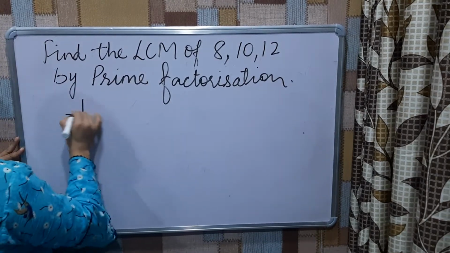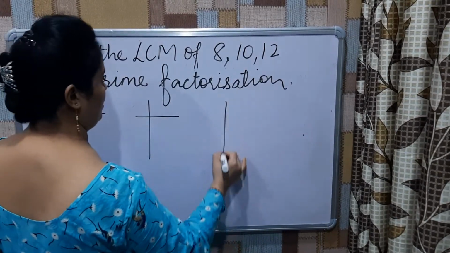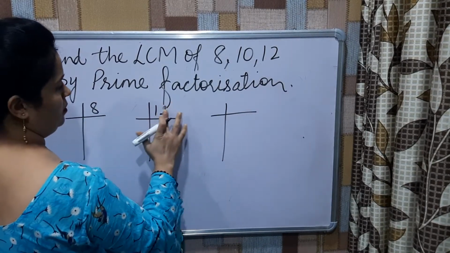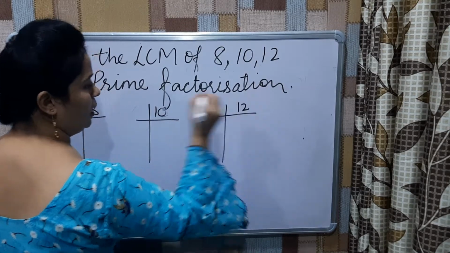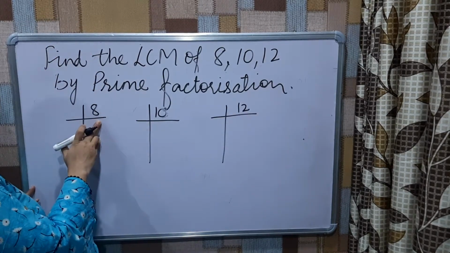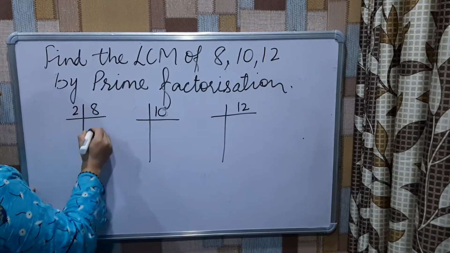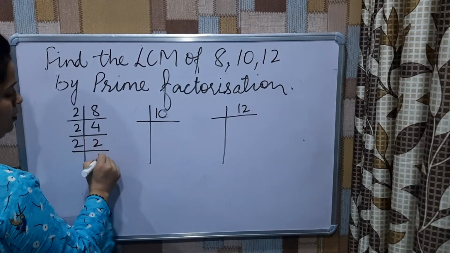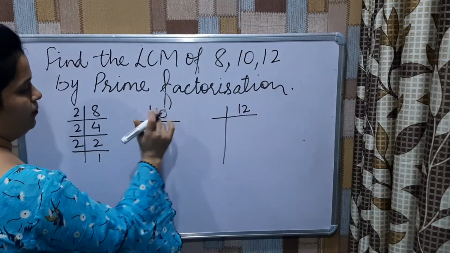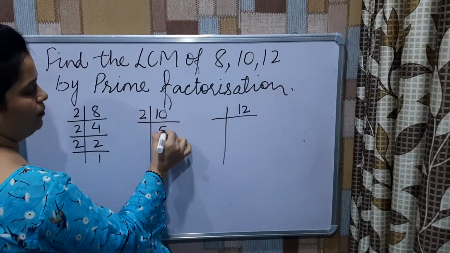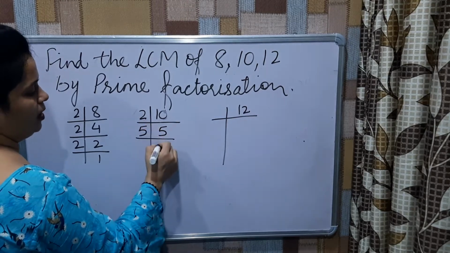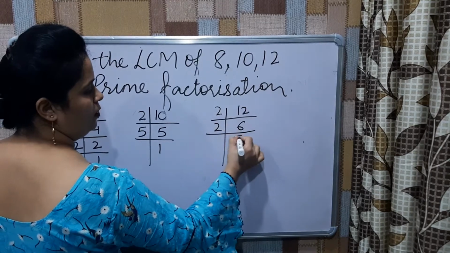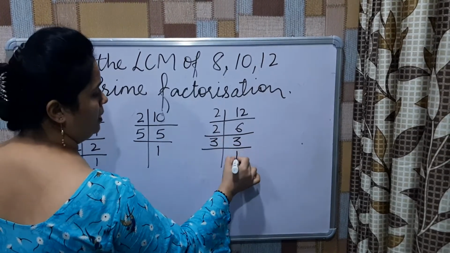I have to find the prime factors of 8, 10 and 12. Because 8 is an even number, I'll start with 2. 2 4s are 8, 2 2s are 4 and 2 1s are 2. Then I have 10, an even number, 2 5s are 10, 5 is a prime number, so I'll check it by 5 only. 12: 2 6s are 12, 2 3s are 6, now 3 is a prime number.